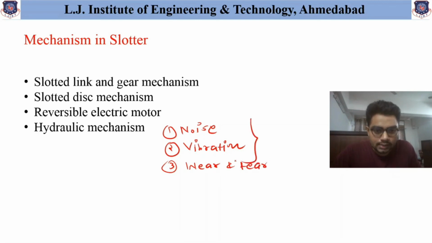All these disadvantages are overcome by the hydraulic mechanism, and due to that these hydraulic mechanisms are used in industries nowadays. So these are the different mechanisms used in the slotter machine as per the requirement. Let us now discuss the major applications of this slotter machine.